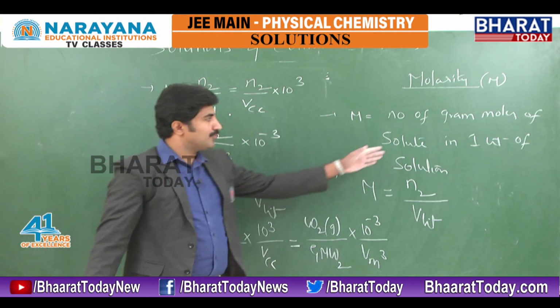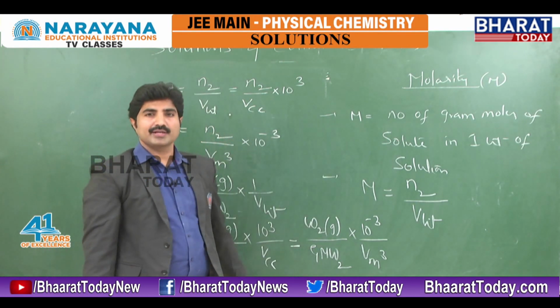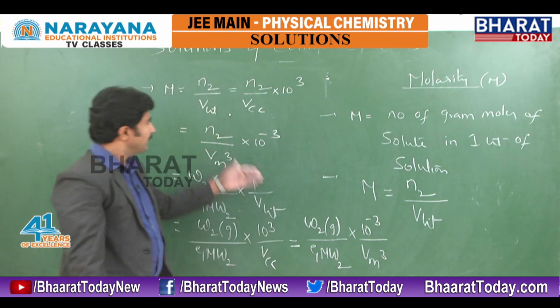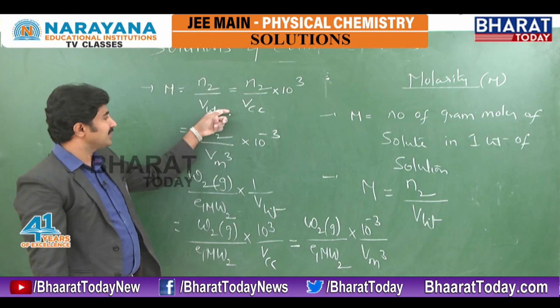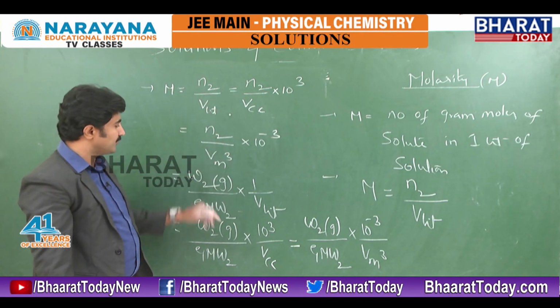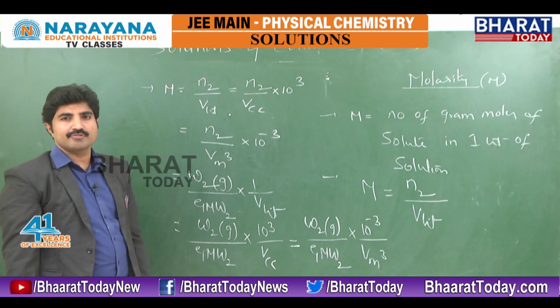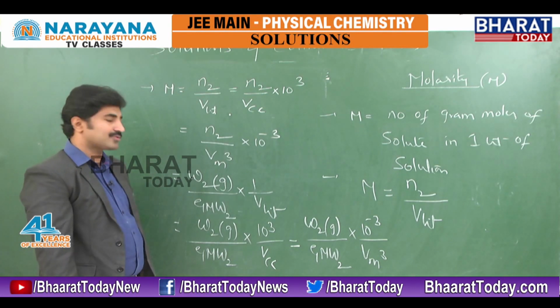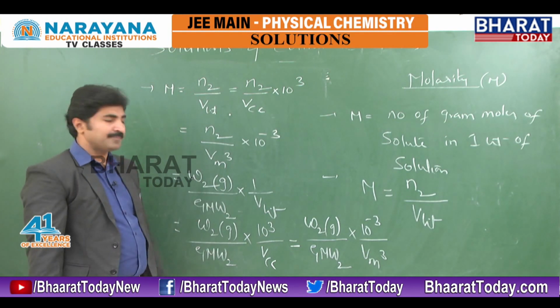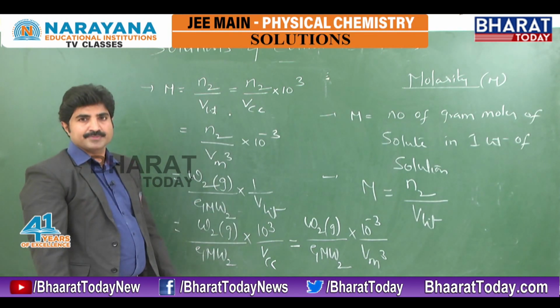It is the number of gram moles of the solute present in 1 liter of the solution. Mathematically this is the expression, but we can express the same one in different formats. You know moles is equal to weight by gram molecular weight of the solute, so these expressions are in terms of both weight and volume.